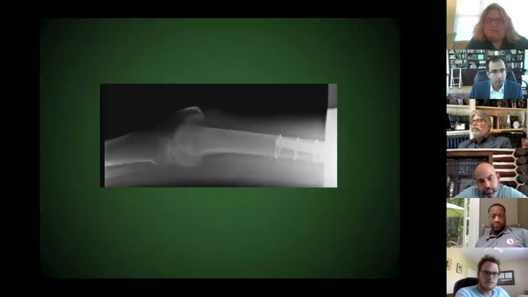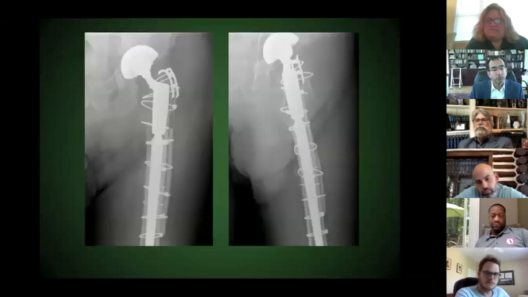Can we go to the next slide, please? This is a very important point. I do these under fluoro. I want to see the reamer distally to make sure that I don't perforate anteriorly over the distal femur. Next slide, please. He was able to stay at our hospital in the rehab facility for about 6 weeks. And by this time, you can already see some bone starting to form.